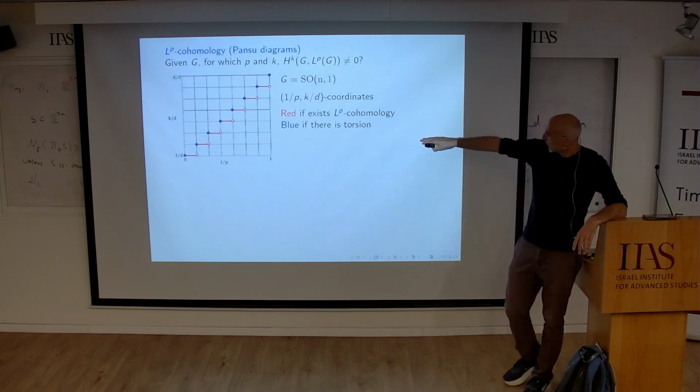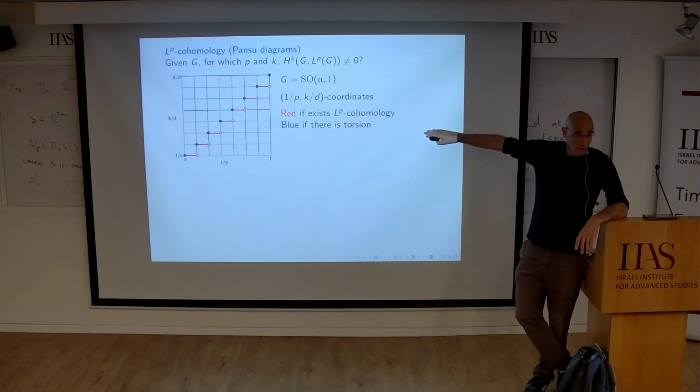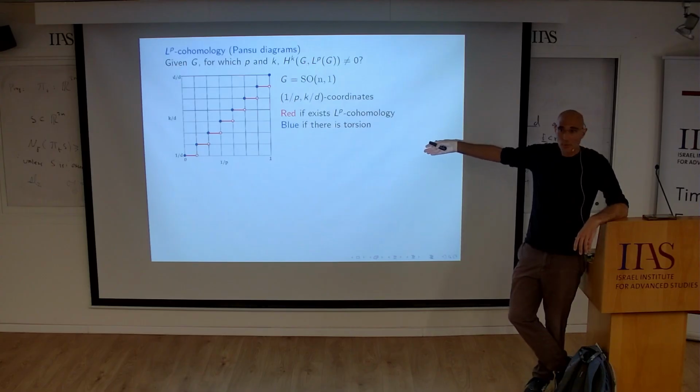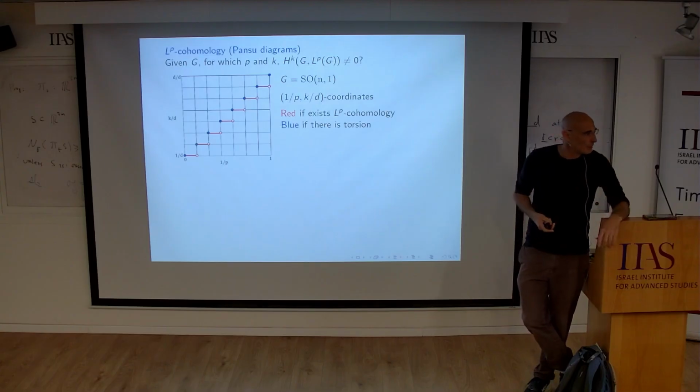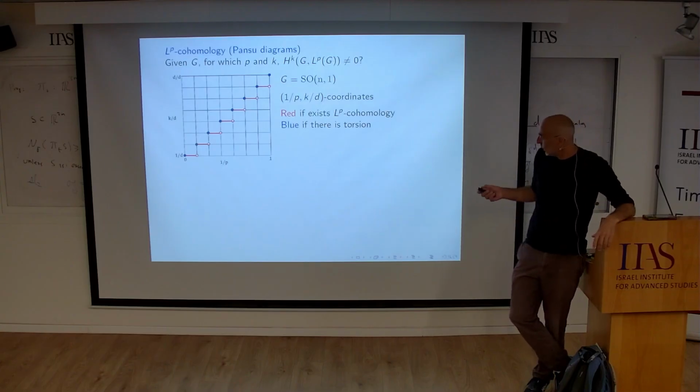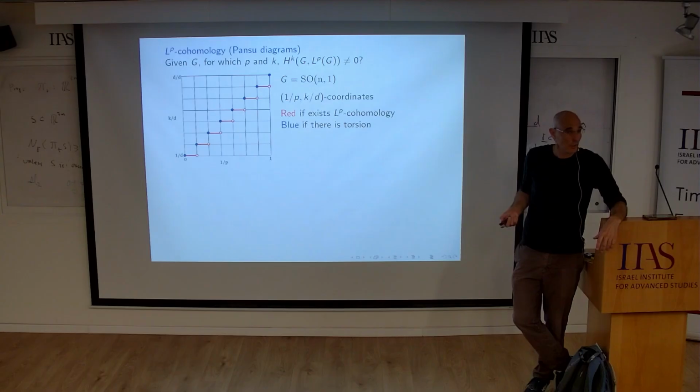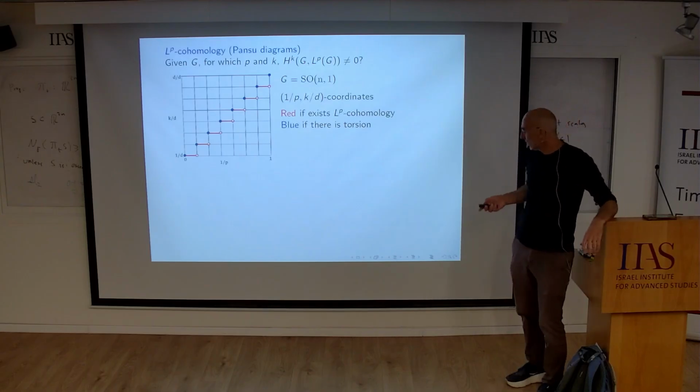Again, this is an actual computation, so we know it to be correct, but we don't have a clever explanation. We observe that the breaking points are actually rational numbers, but we don't have an explanation for this.